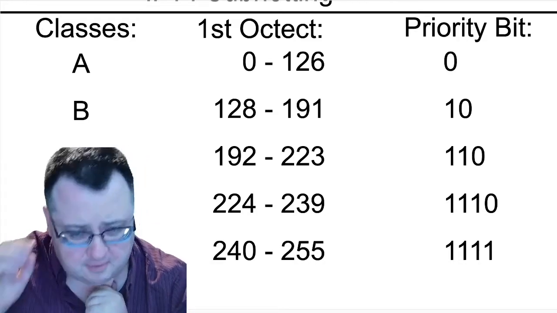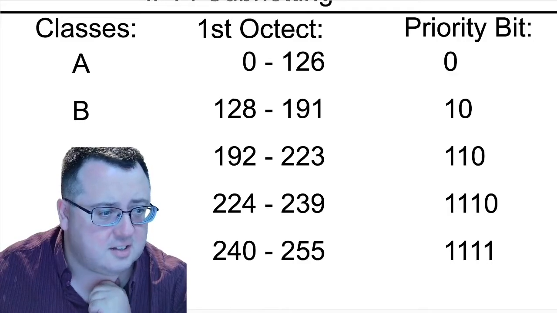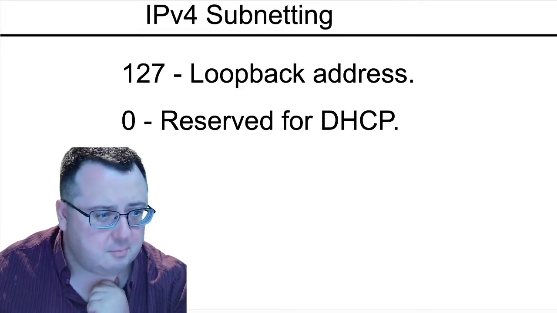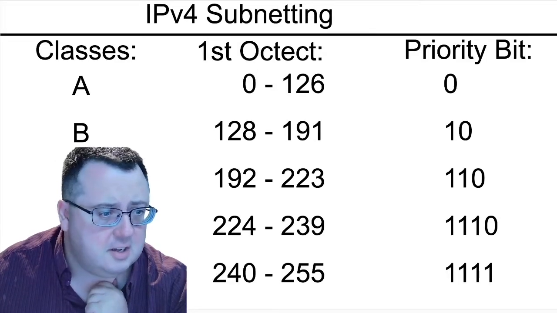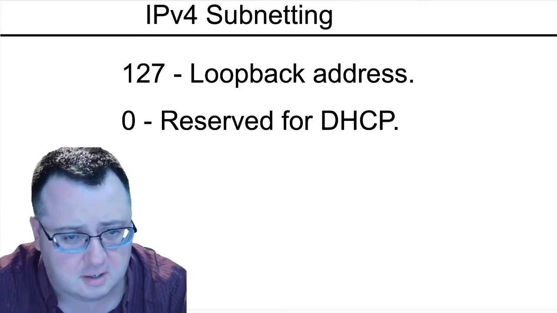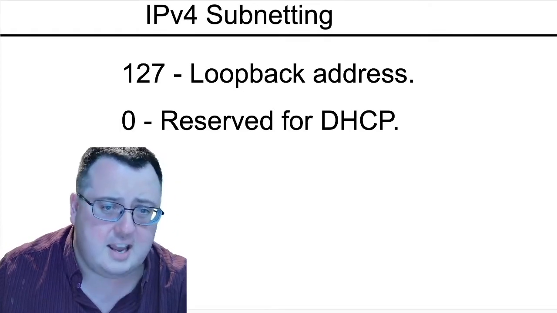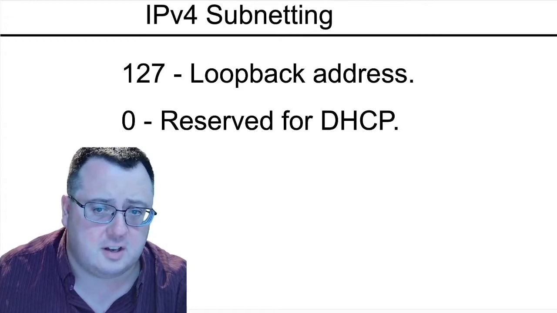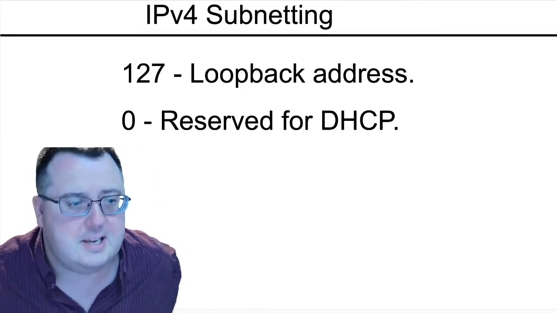There are a couple of things I need to mention about these classes, and I'll do that on the next slide. 127, between Class A and Class B, is used as a loopback address for testing, and 0 in Class A at the very start is typically reserved for Dynamic Host Configuration Protocol, DHCP.